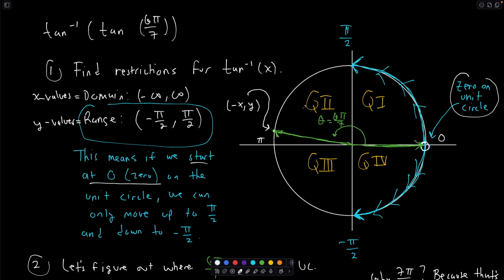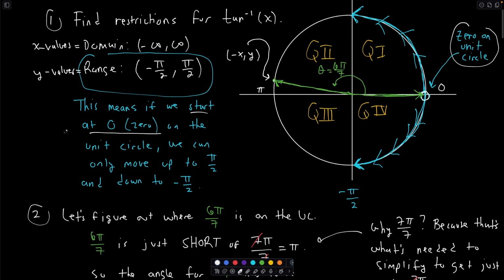This proves it, because we always start from 0 on a unit circle and go counterclockwise or clockwise. So this range, negative pi over 2 to pi over 2, means if we start at 0 on the unit circle, we can only move up to pi over 2 going this way, and then down to negative pi over 2.